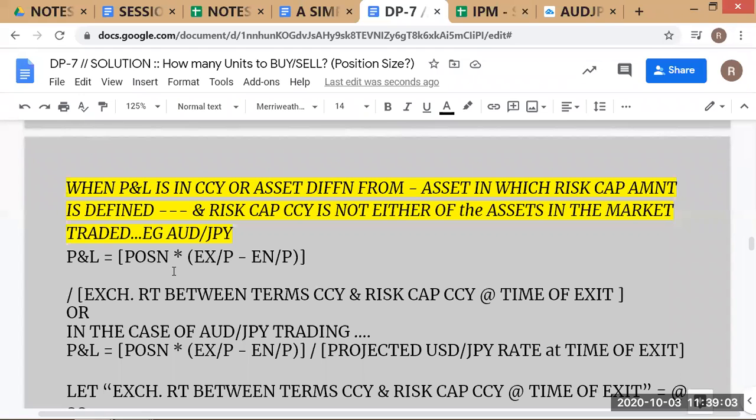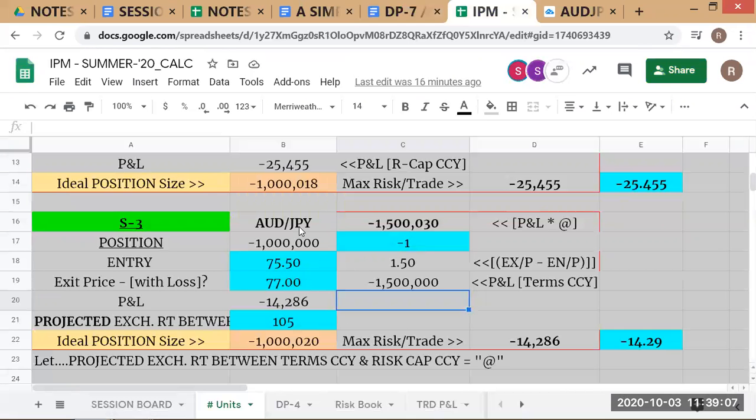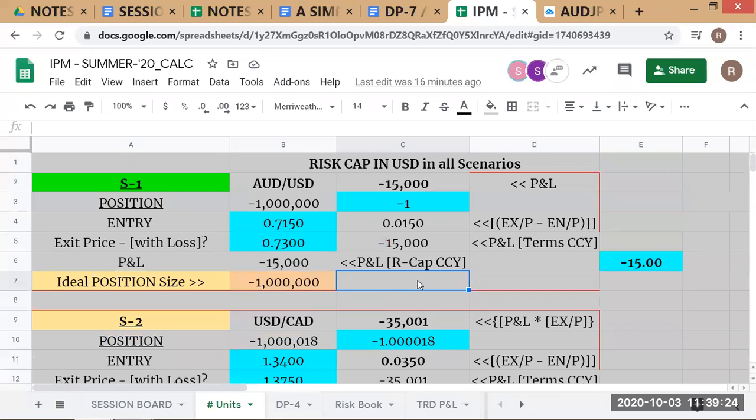Okay, so now what is this market? This market is Aussie Yen. Aussie Yen trading means that generally my PNL is going to come out in the terms currency, which is Yen. So this PNL which I have is a terms currency PNL, which is a Yen PNL. But my risk cap currency, as it says here, is USD in all scenarios.